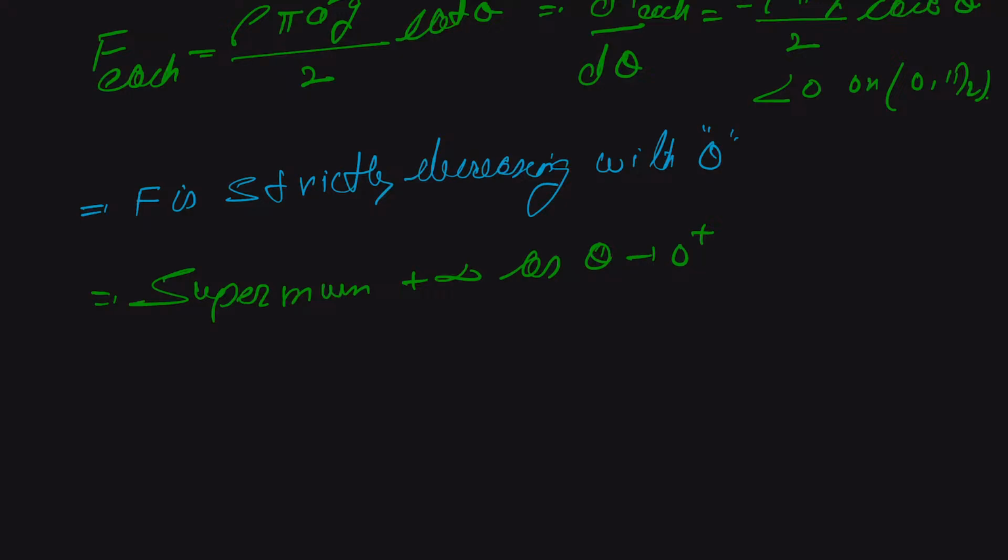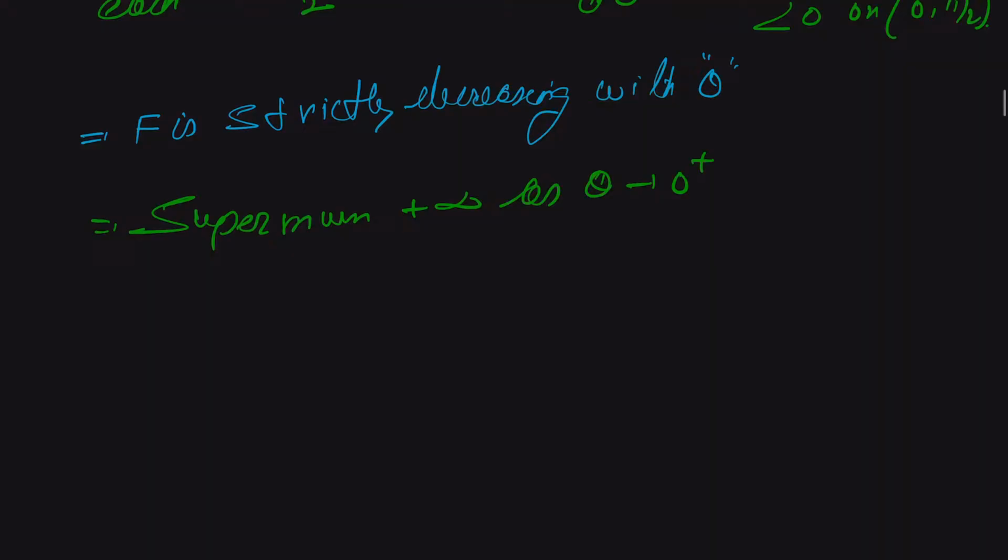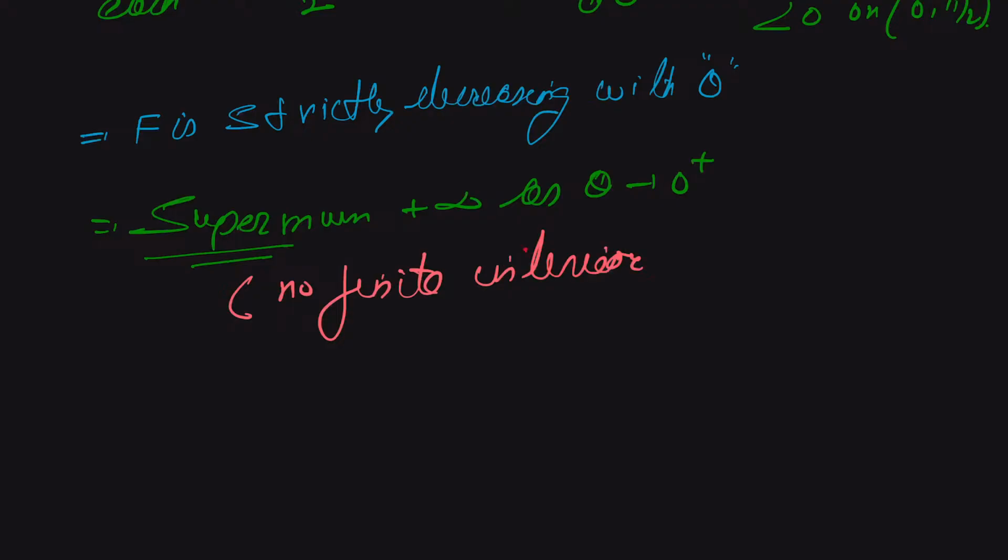Okay. So it means there is no finite interior maxima, because as soon as we put theta equals 0, cot goes away.